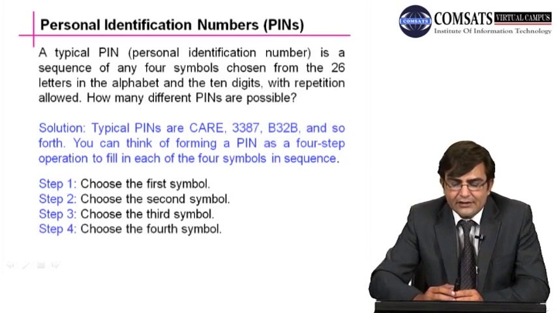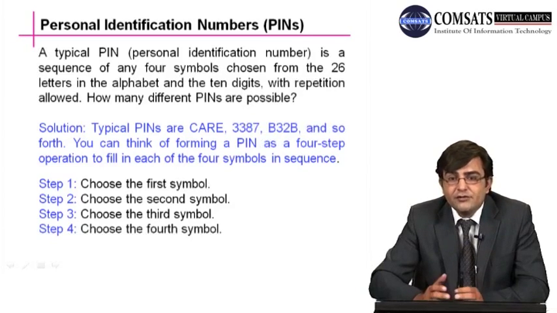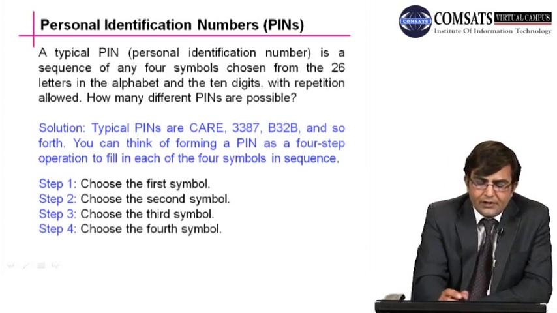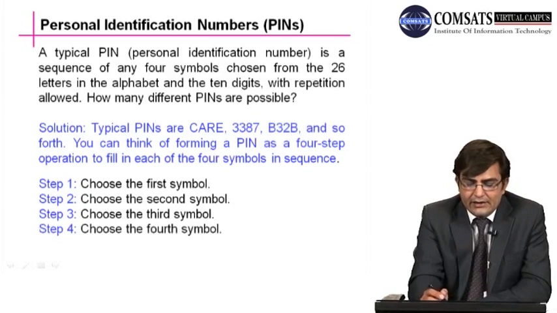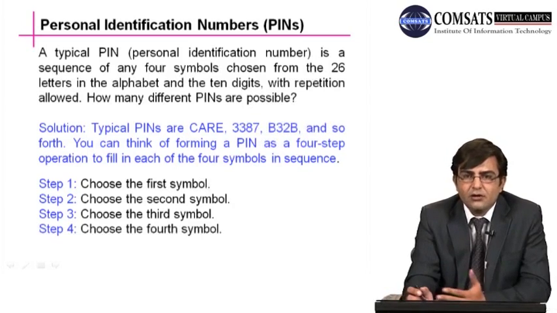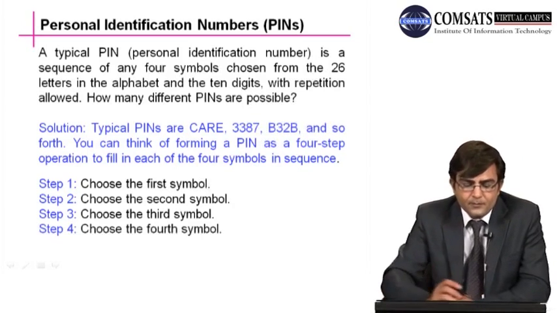You can select any of these to fix your PIN. How many different PINs are possible? Now we have to see how many personal identification numbers you can choose, or what the possibilities are. For example, typical PINs are CARE, 3387, B32B. These are examples of PINs you can choose, and so on.